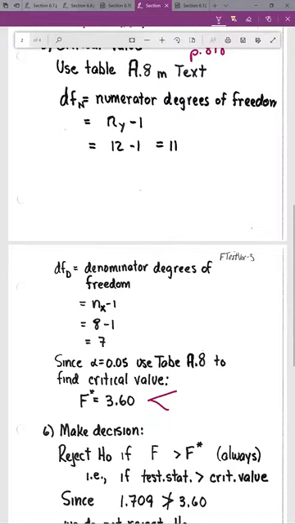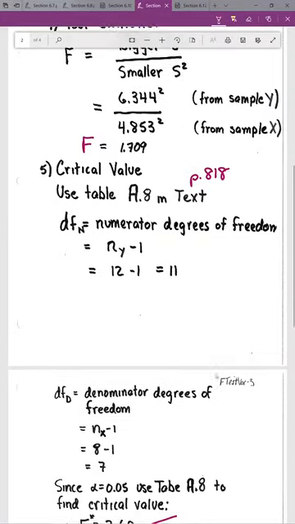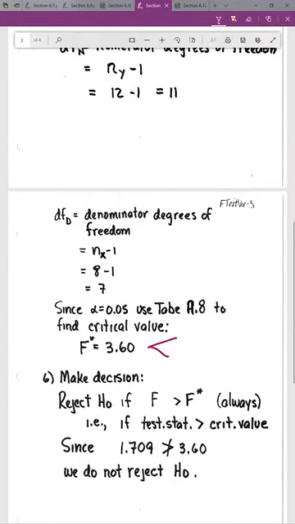So using our F table, our degrees of freedom for the numerator is going to be along the y-axis. And our degrees of freedom for our x sample is actually going to be on the x-axis.